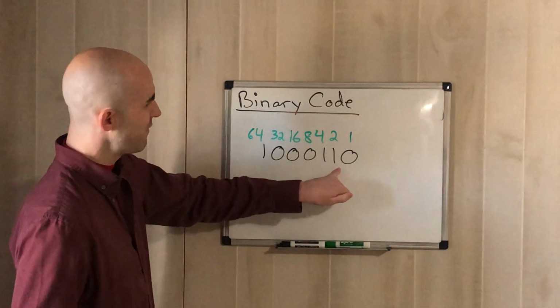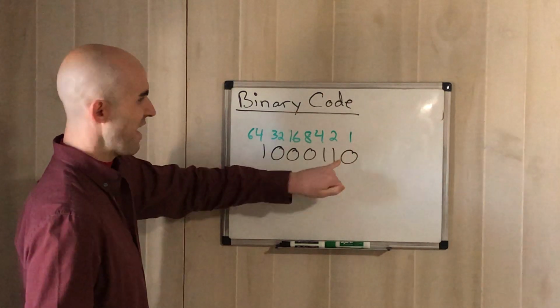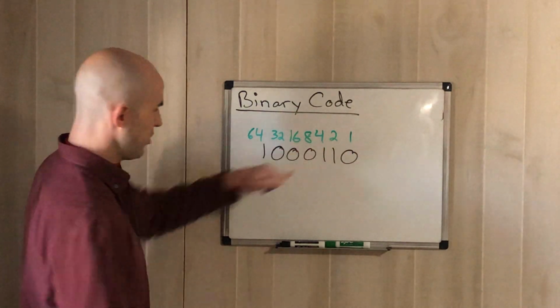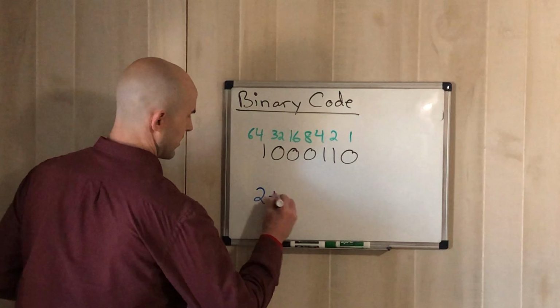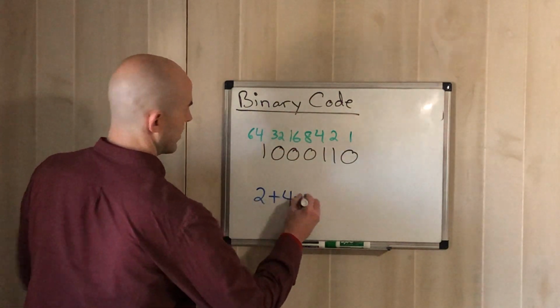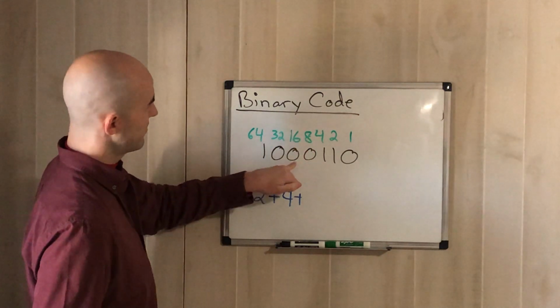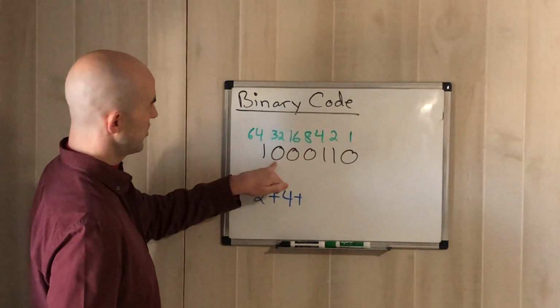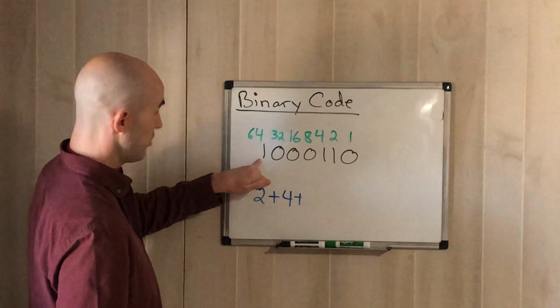So let's see what we have. That's a 0. We don't have a 1. We have a 2. That's a 1. We have a 4. We don't have an 8. We don't have a 16. We don't have a 32. We do have a 64.